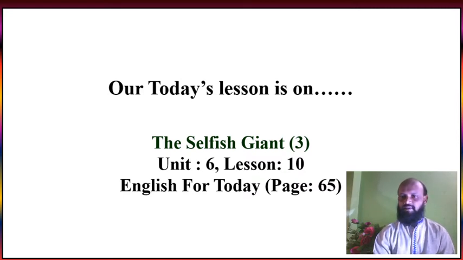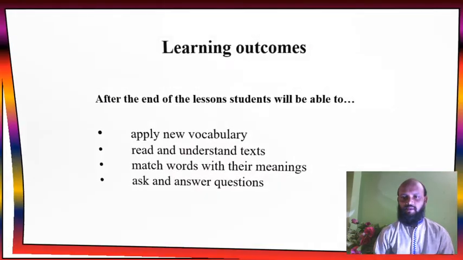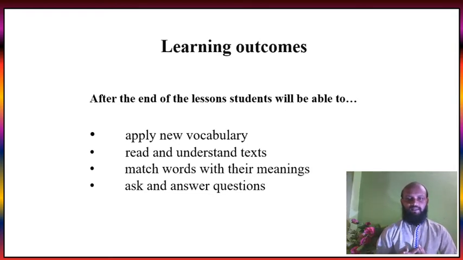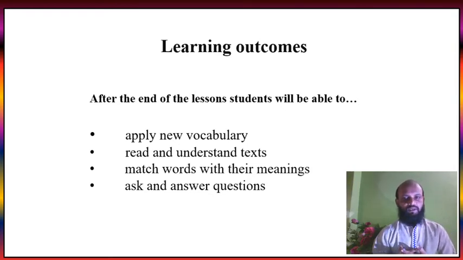So let's move forward. You see The Selfish Giant, part 3, Unit 6, Lesson 10. Please go to page 65. We have specific learning outcomes from this lesson. You will be able to apply new vocabulary, read and understand the text, match words with their meanings.